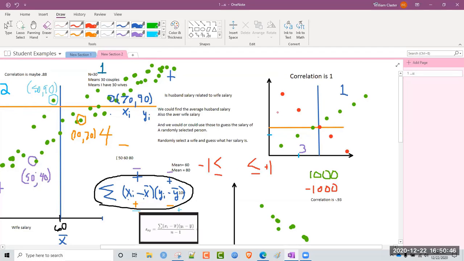And if the relationship is perfect, but like these red, but negative, it'll be -1. So I'd like to have this calculation, but scaled down so that it's always between -1 and +1. And that can be done by this.